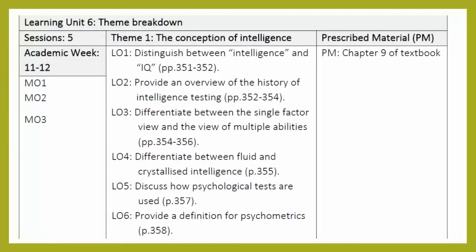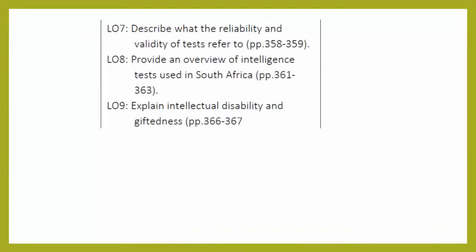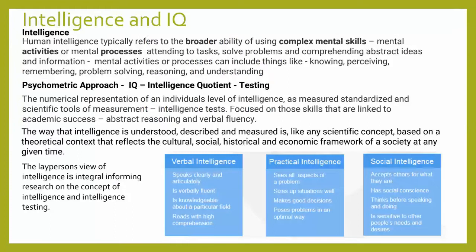So I've done my PowerPoint according to the page references, so we cover exactly what's here, which is distinguishing between intelligence and IQ, looking at the history, differentiating between the single factor view of intelligence and multiple abilities, looking at fluid and crystallized intelligence, looking at how psychological tests are used, looking at psychometrics, looking at reliability and validity of tests, and looking at a brief overview of South African intelligence tests, and then again at the end at intellectual disability and giftedness. So let's move on with this now.